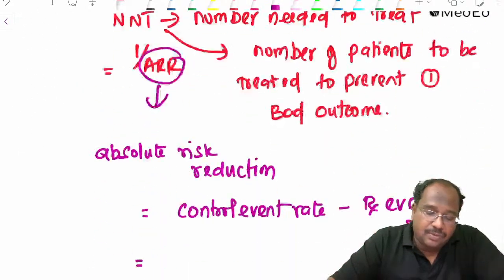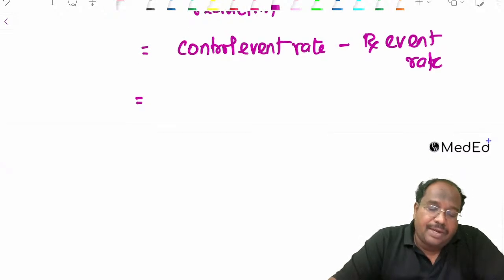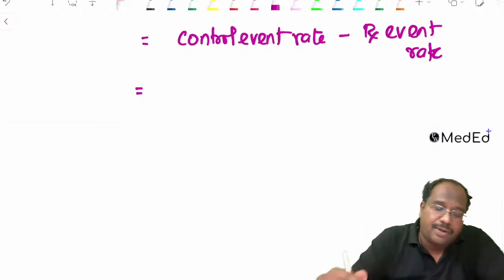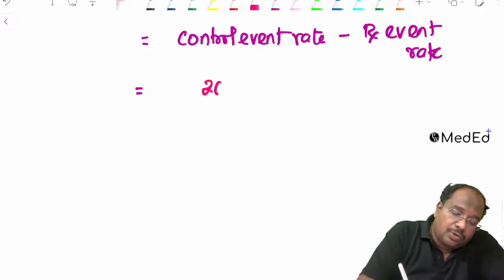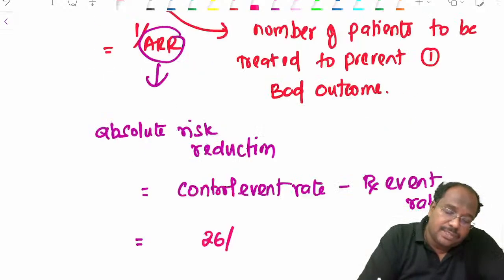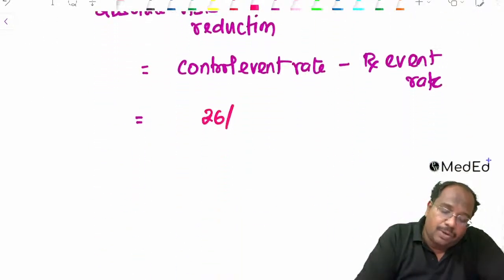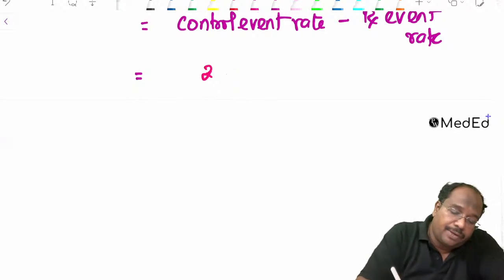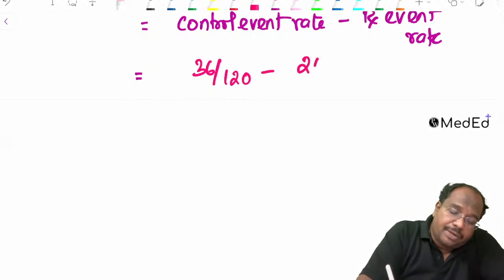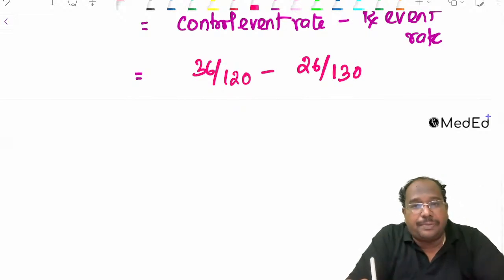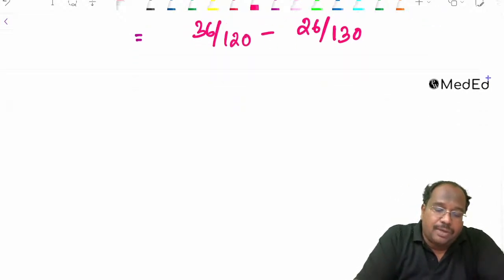So control event rate minus treatment event rate: the control group is 36 by 120, minus the treatment group, 26 by 130. Now, how much does the value come to?